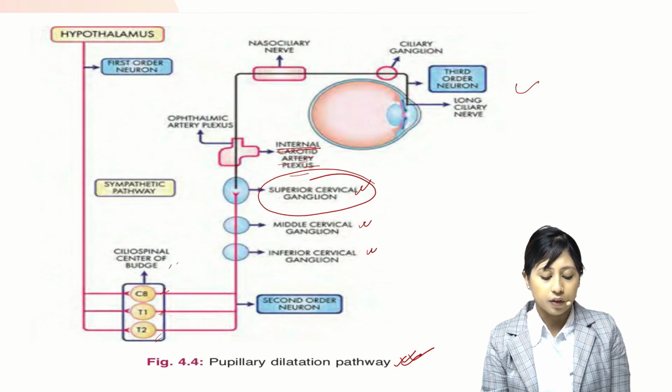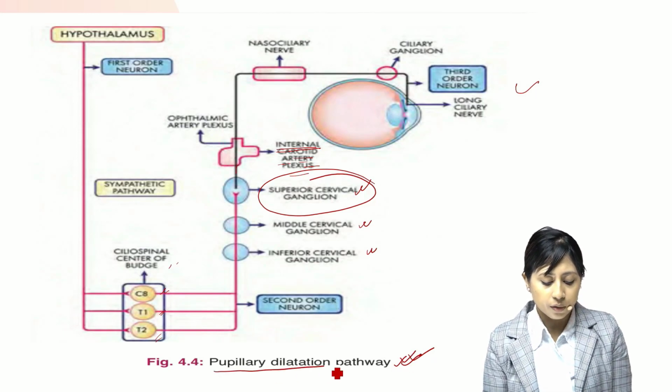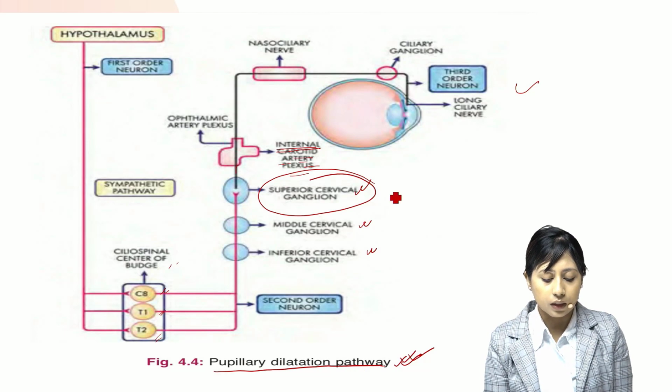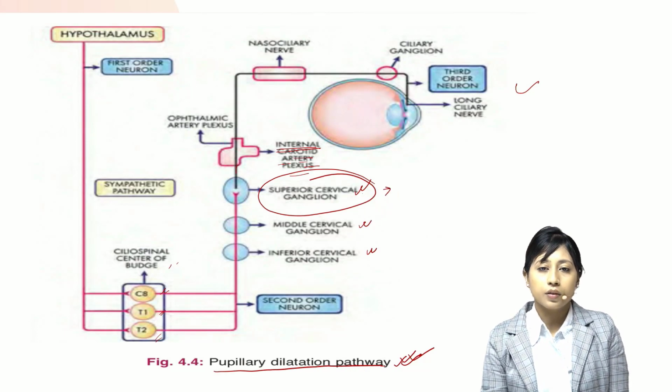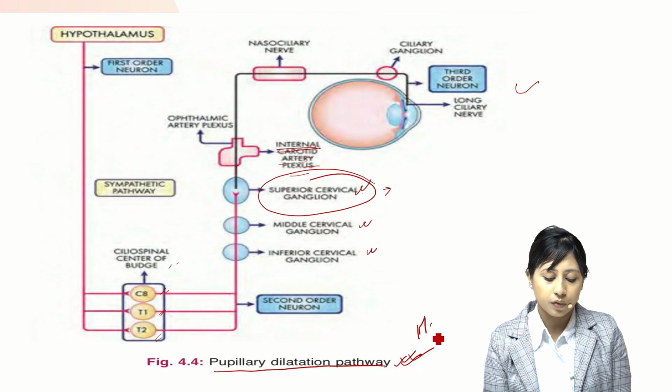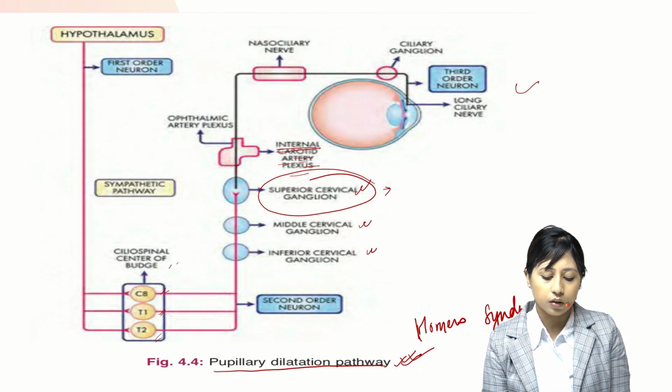If there is a lesion in the superior cervical ganglion, the pupil won't dilate, so the pupil will become constricted. This is present in Horner's syndrome, where miosis occurs.